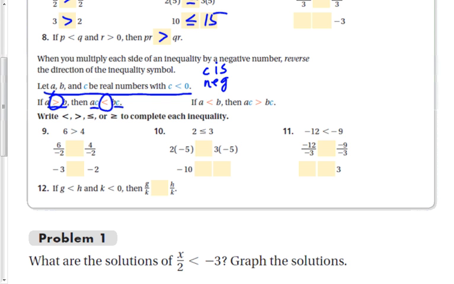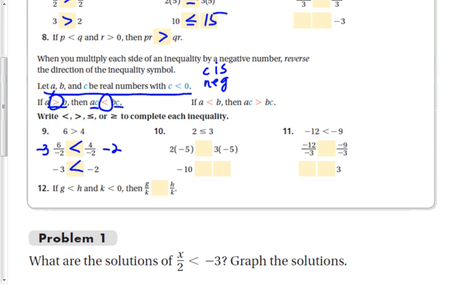We'll show that here. It says we're dividing by negative 2 here, or you could think of it as multiplying by negative 1/2. So you get negative 3 on this side, and negative 2 on this side, and negative 3 is less than negative 2.